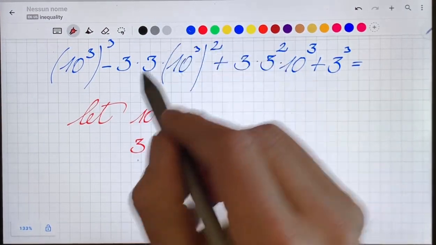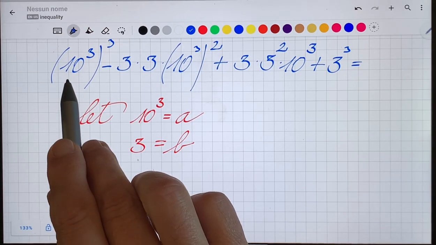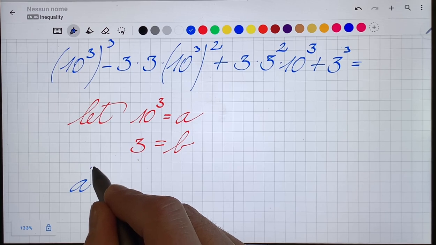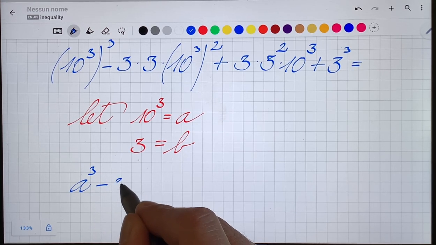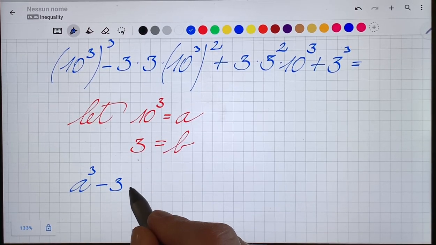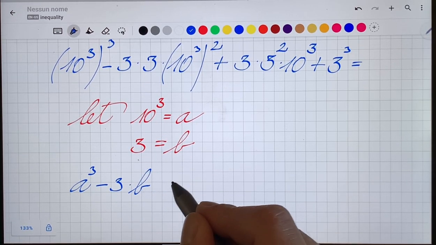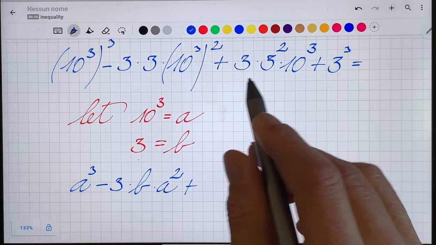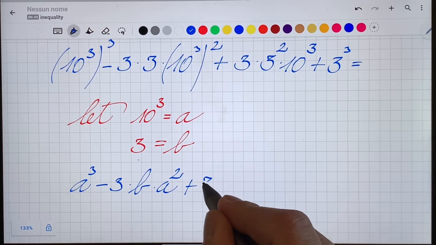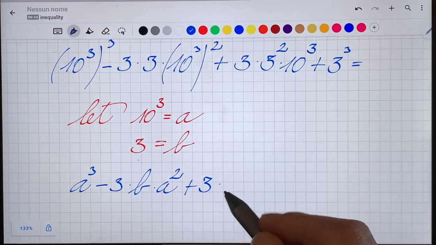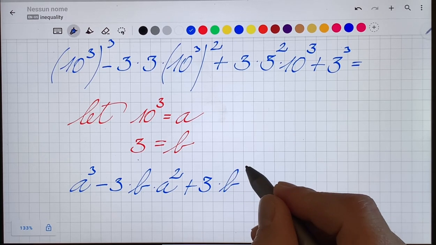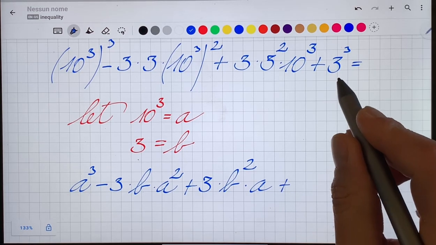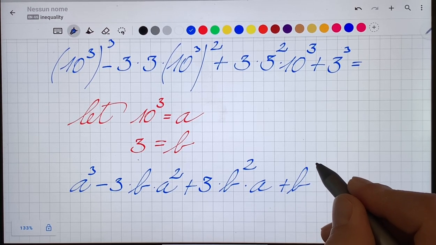So I'll write it as A to the power of 3 minus 3 times B times A to the power 2 plus 3 times B squared times A minus B cube.